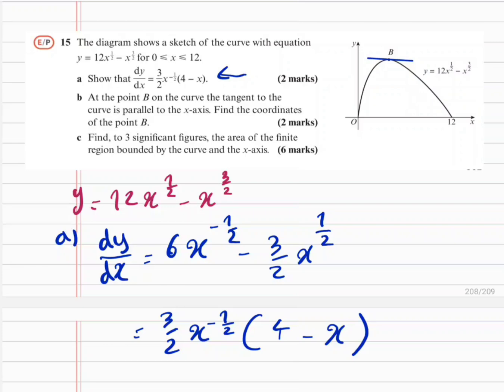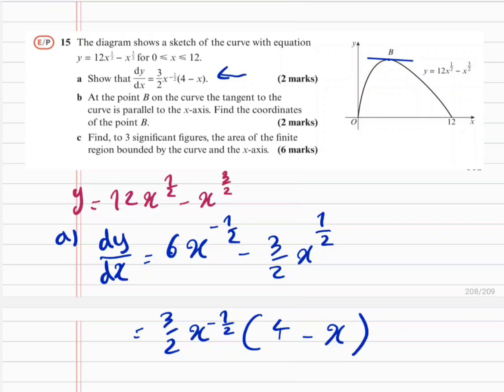We want to find the coordinates of the point B. The first thing that might come to your mind when you hear tangent is using the equation of the line, and by having that, maybe finding the point of intersection between the tangent and the curve, which would give you the coordinates of B. But we cannot use that method here because we don't have enough information.